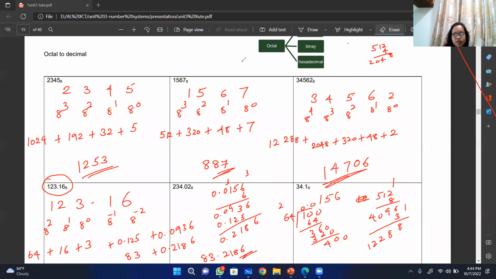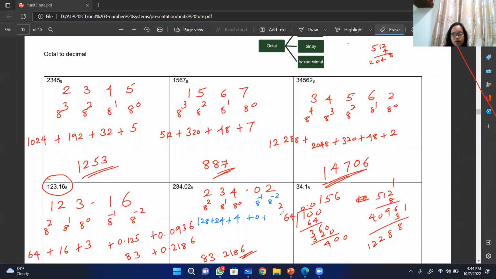Yes, madam. Right. Then if you have any doubts how this answer came, you can ask, right? Right, next one. 3402. That is 8 to the power 0, 8 to the power 1, 8 to the power 2. So I will use a separate color. 4 plus 24 plus 128. Then 8 to the power minus 1, 8 to the power minus 2.